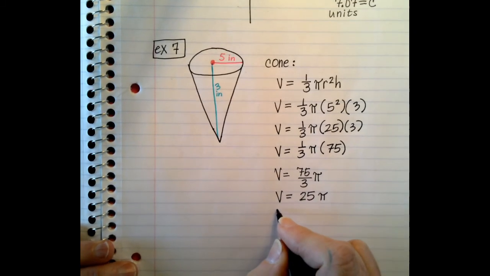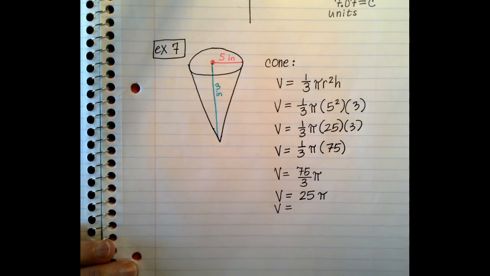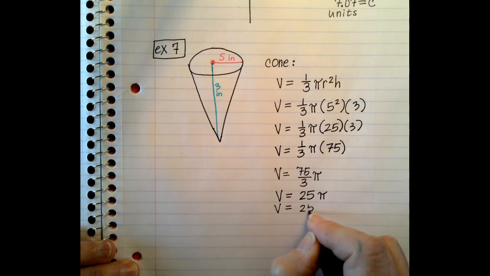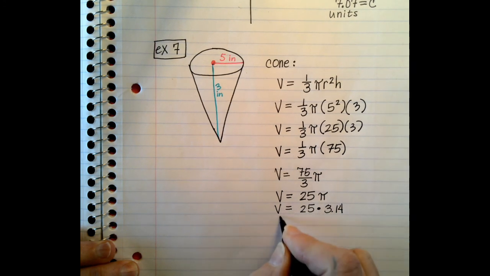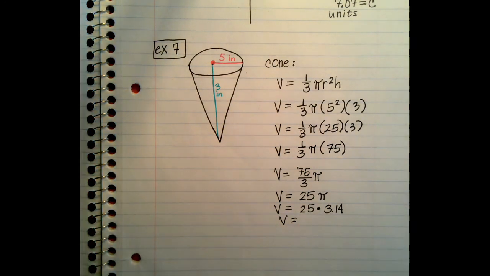Now what I'm going to go ahead and do is, in my problem, it said use 3.14 for pi. So I'm going to go to the calculator and I'm going to multiply 25 times 3.14. If you do 25 times 3.14, you will get 78.5.